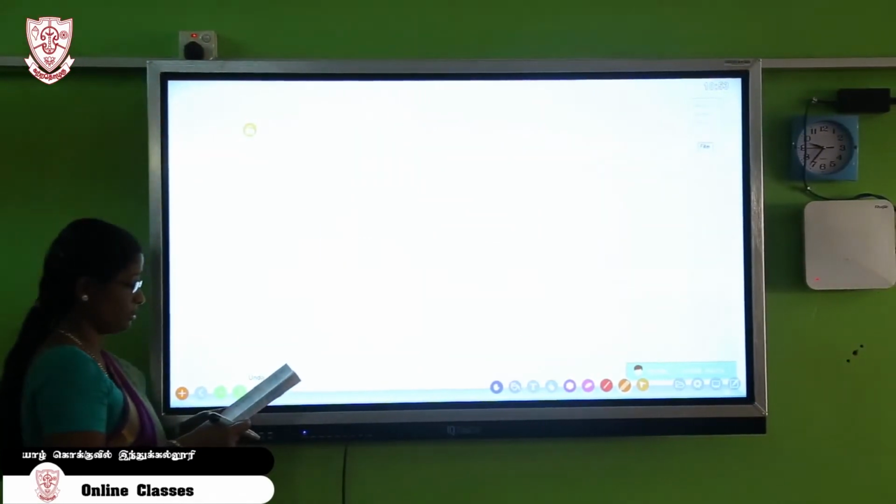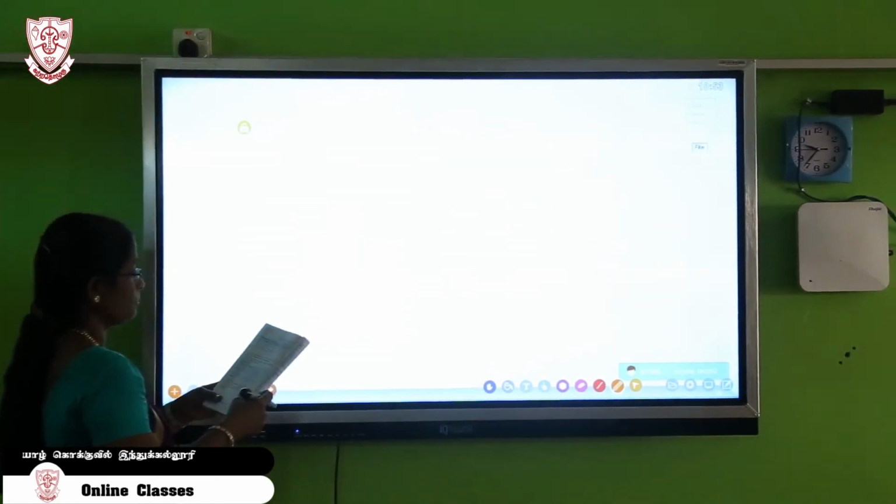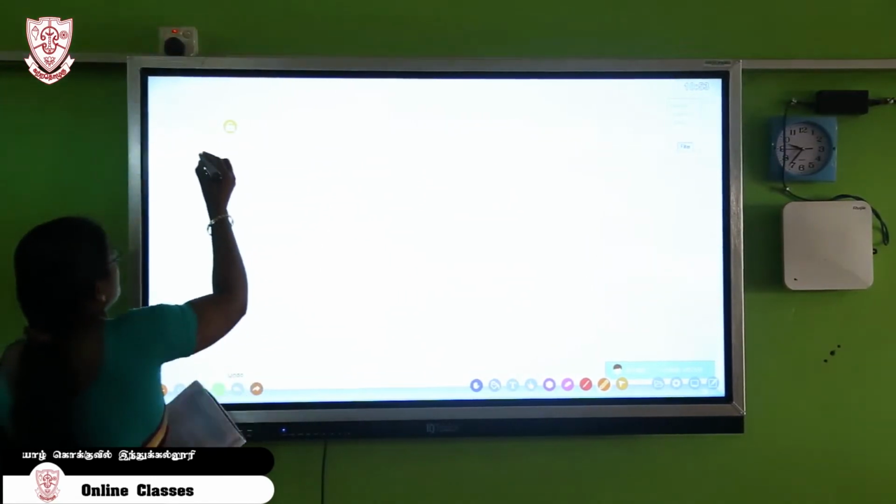Now we continue to simplify algebraic fractions with unequal denominators. Now we look at the example.